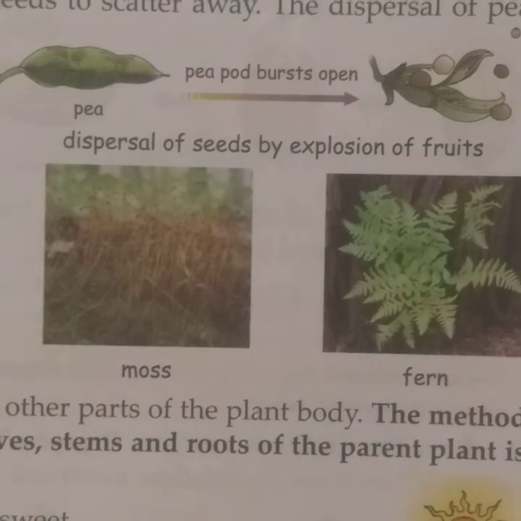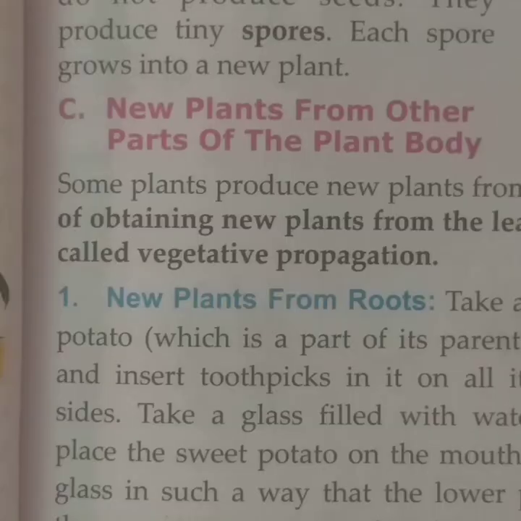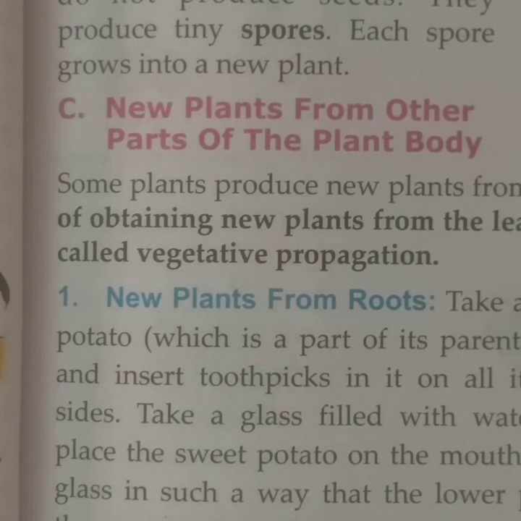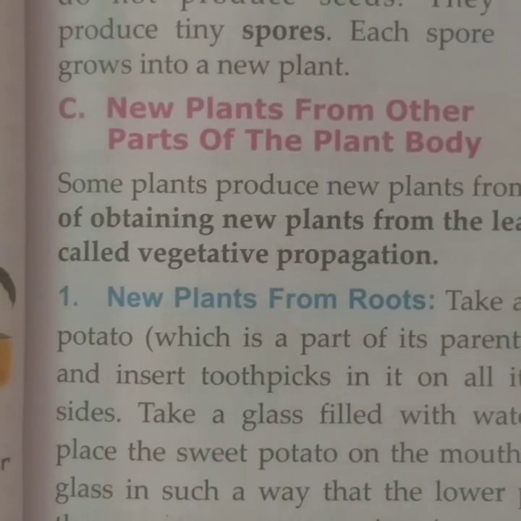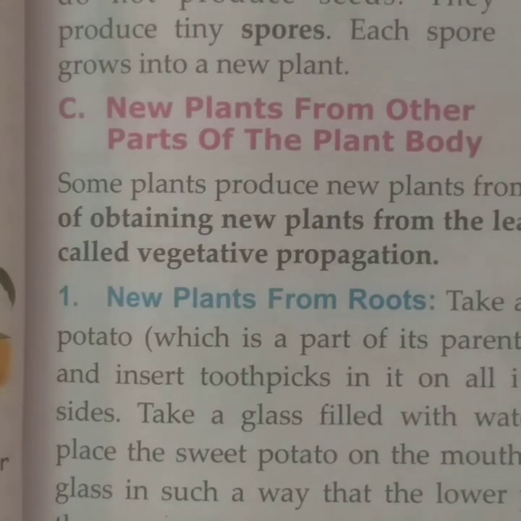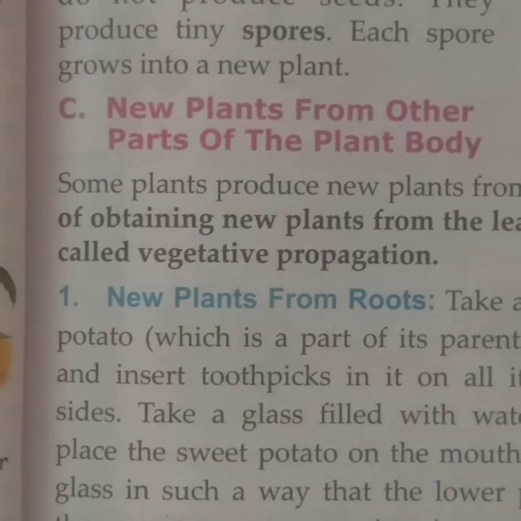The next point is new plants from other parts of the plant body. Other plant body parts means, as we have already studied, the plants have roots, stems, leaves, flowers, and buds. In these, the flower converts into fruit and the fruit bears the seeds, from which the new plant can be grown.